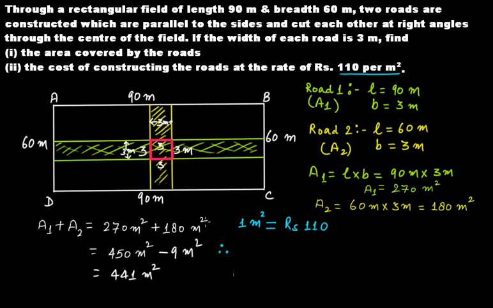Therefore, for 441 meter square, rate will be how much? Rupees 110 times 441. And if you multiply it, this comes as 441 times 11.